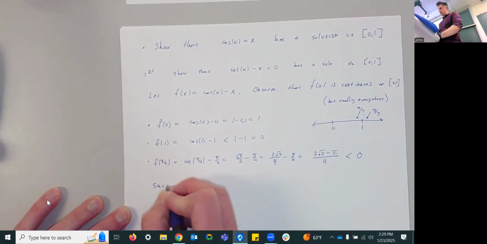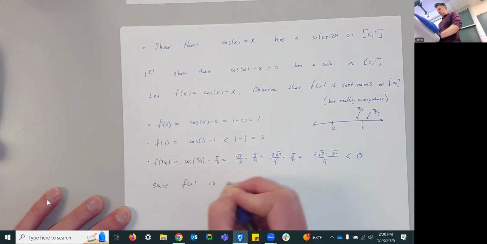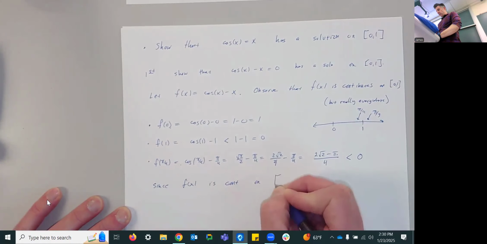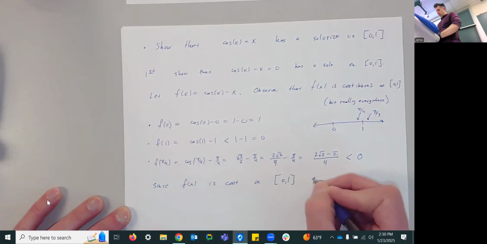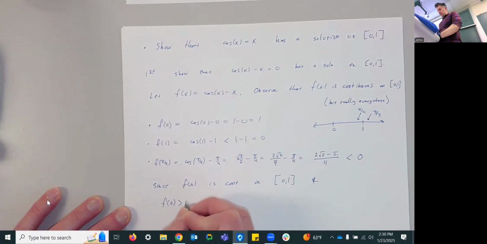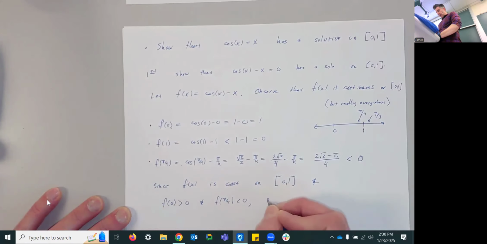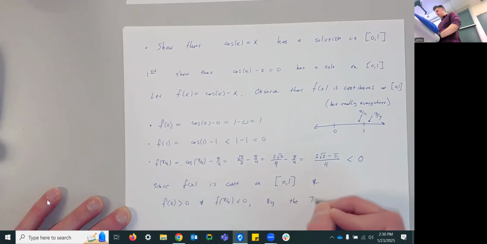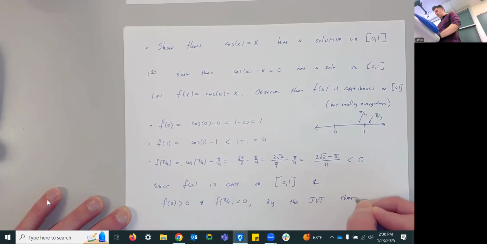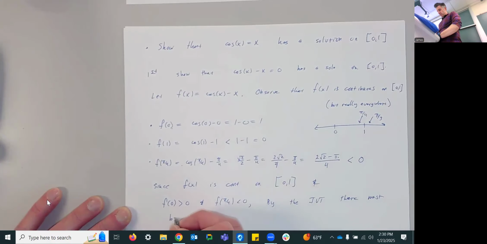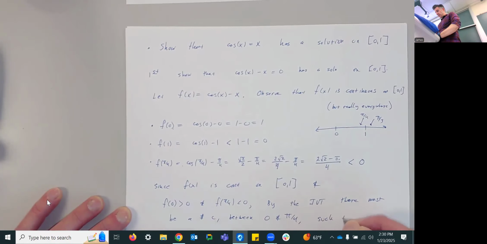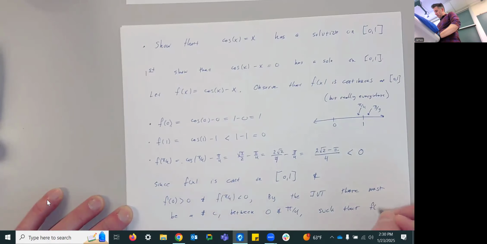Since f of x is continuous on the interval from 0 to 1, and we saw that f of 0 is positive and f of pi over 4 is negative, by the intermediate value theorem, there must be a number c between 0 and pi over 4 such that f of c is equal to 0.